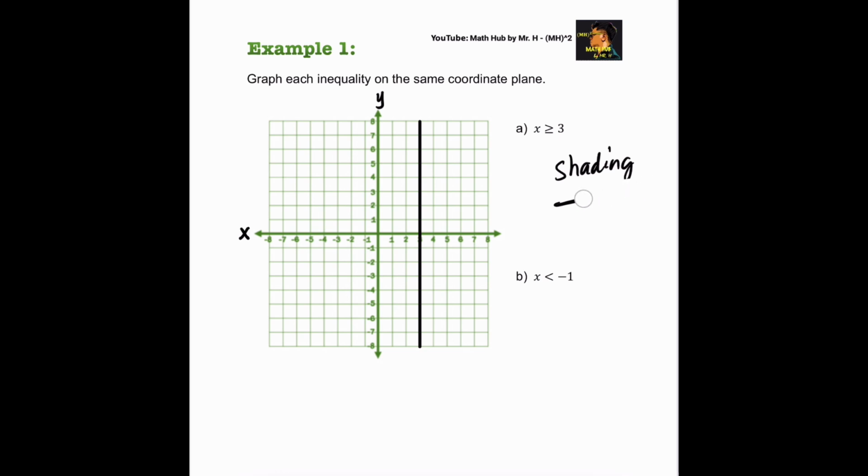For letter A, to continue the graph, it says x is greater than or equal to 3, right? So from the number line, where can we find all the numbers that are greater than or equal to positive 3? They are actually found here.